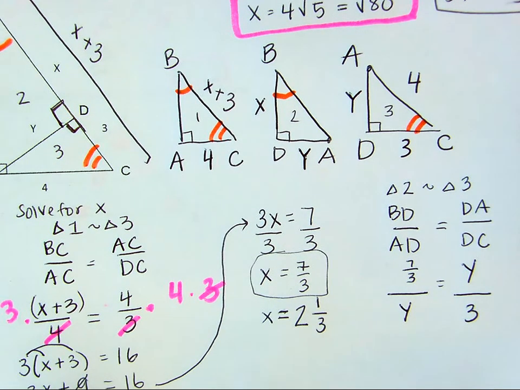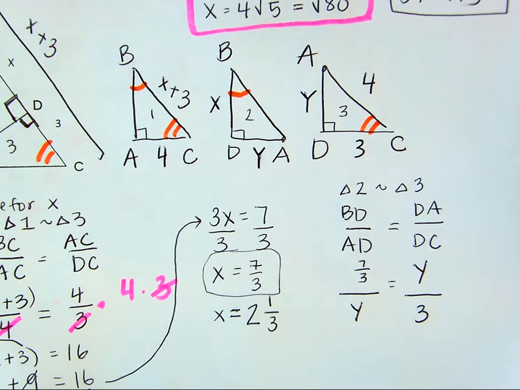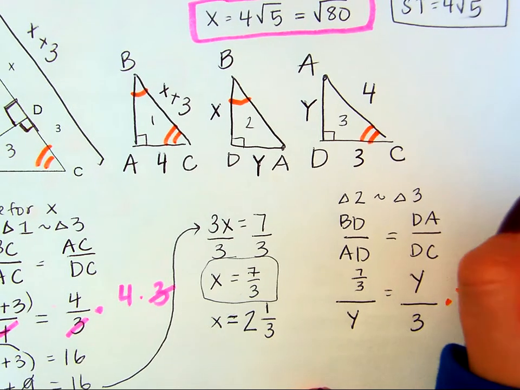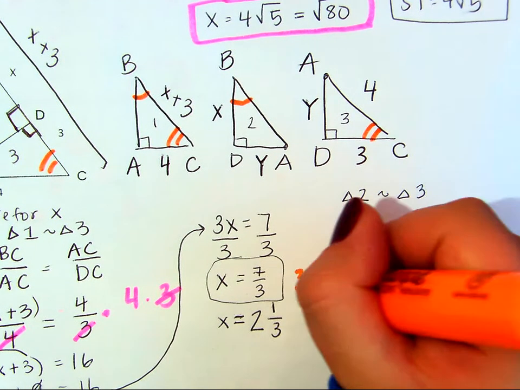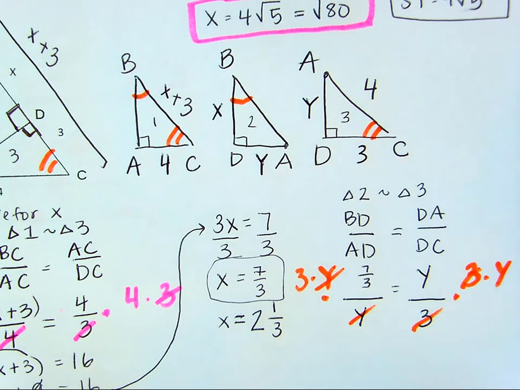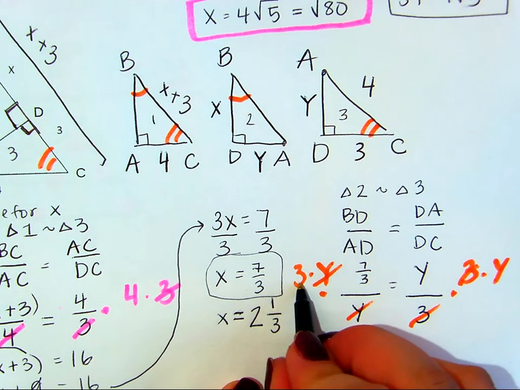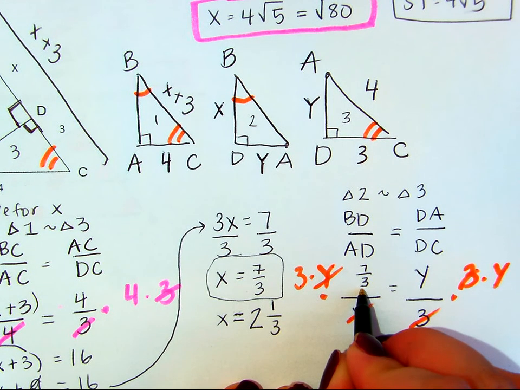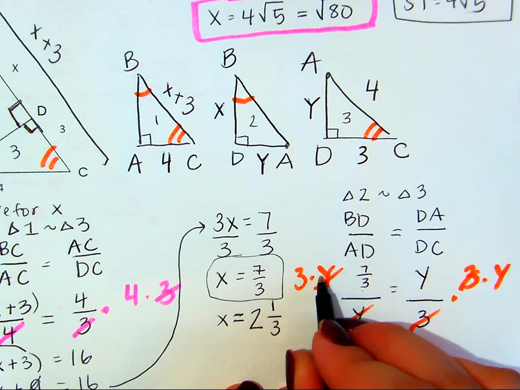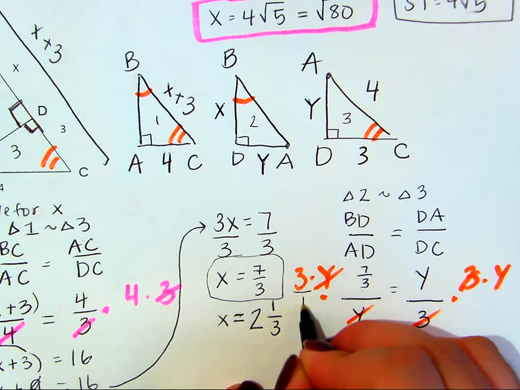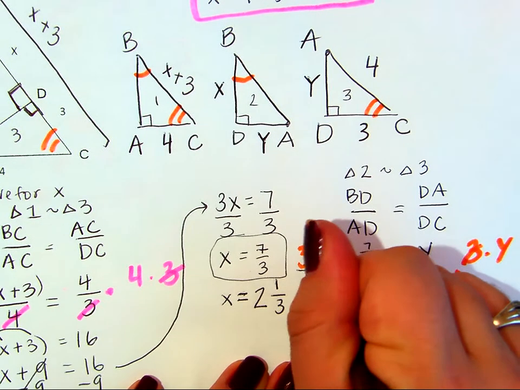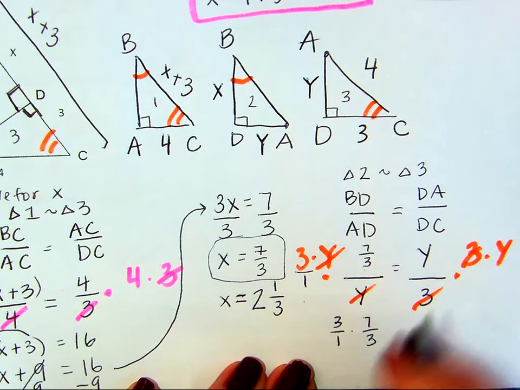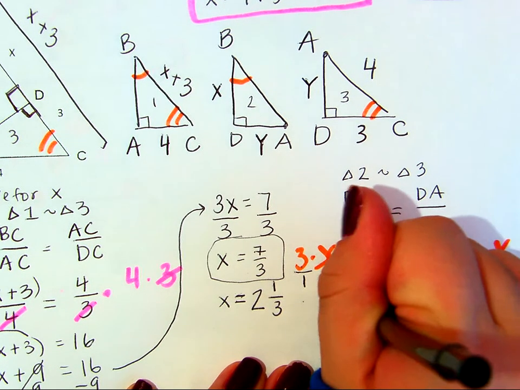Again, in order to get rid of my denominators, I'm going to multiply by 3 and y, times 3 times y. So my y's are gone, my 3's are gone. I have 3 times 7/3, which gives me just 7. My 3's cancel with this fraction. If that's a little confusing, 3/1 times 7/3 is 21 divided by 3, which is 7.